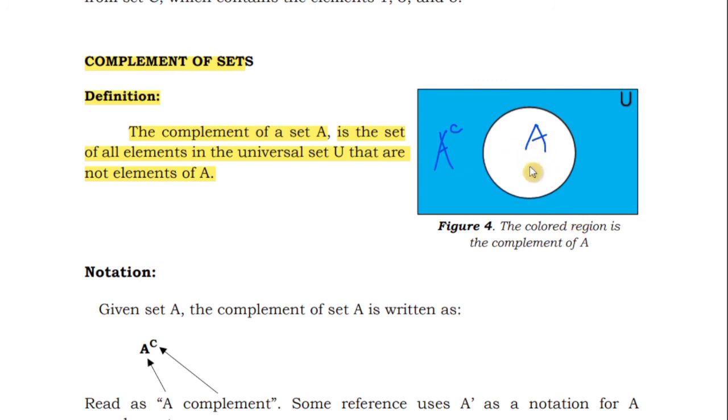If this is our set A inside the circle, then outside of the circle will be our A complement. It is represented by this symbol, or in other books it is also written as A prime.